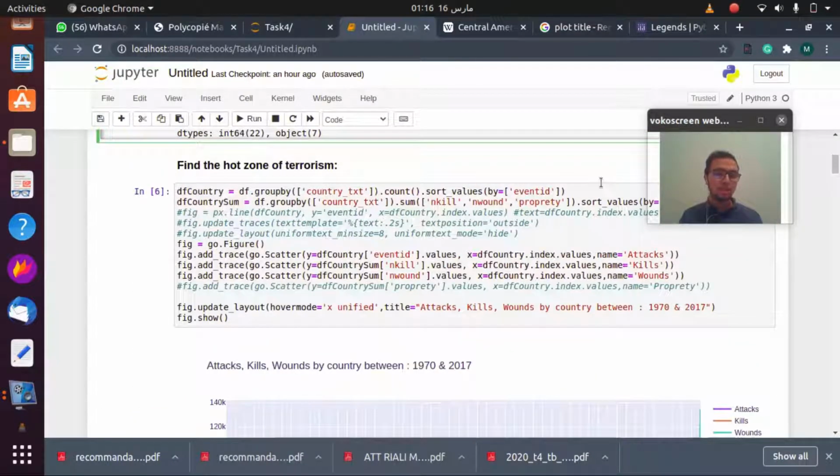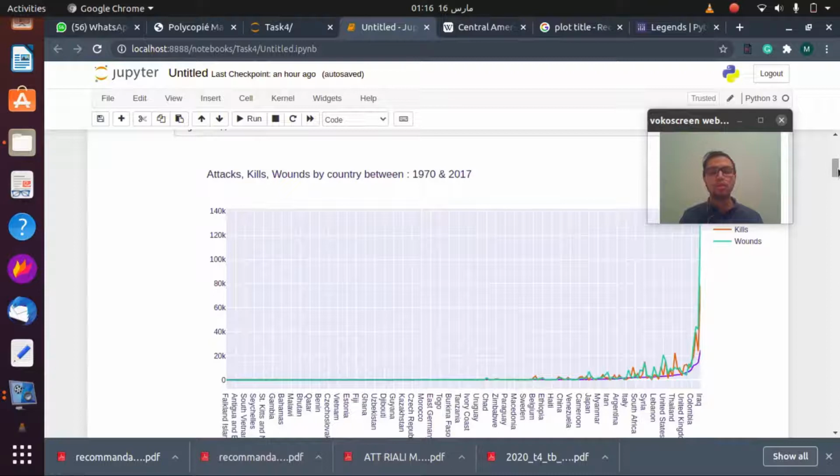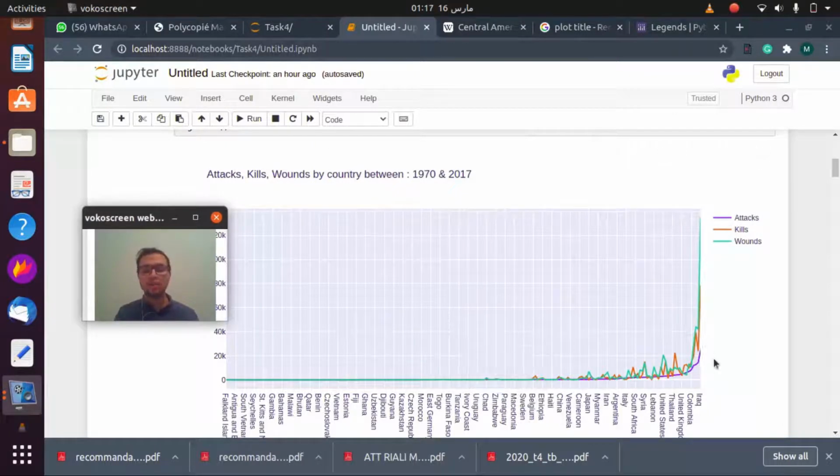So here we're going to find the hot zone of terrorism. In general, the hot zone of terrorism between 1970 and 2017 is Iraq, followed by Afghanistan, Pakistan, India, Colombia, El Salvador, Turkey, etc. But we are only interested in Iraq because it is the hot zone.